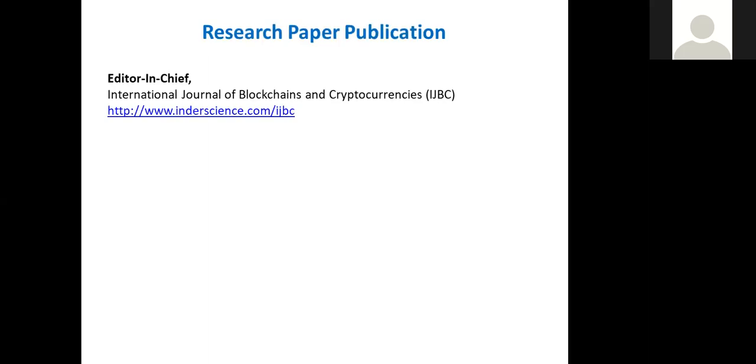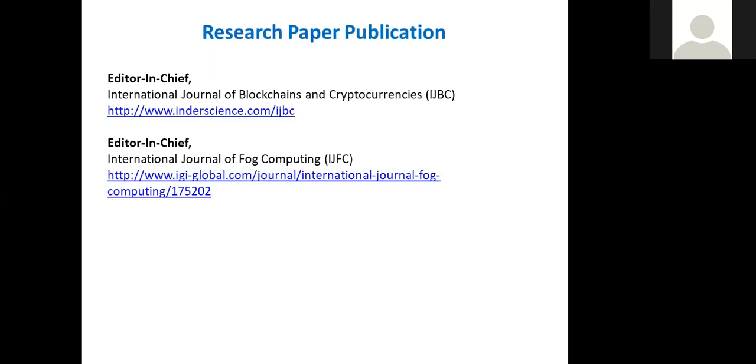I am an editor-in-chief of a few journals, and I am the one that makes decisions on which papers to publish. So the very first one is I have a journal on blockchains and cryptocurrencies. So if you have a paper on that, again, the paper needs to be good enough.